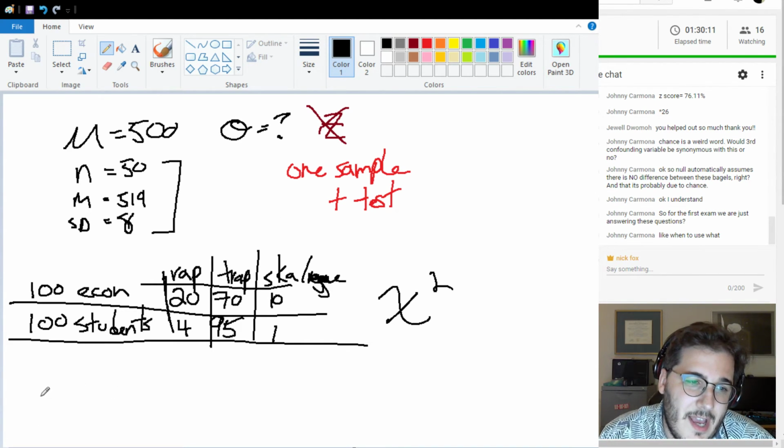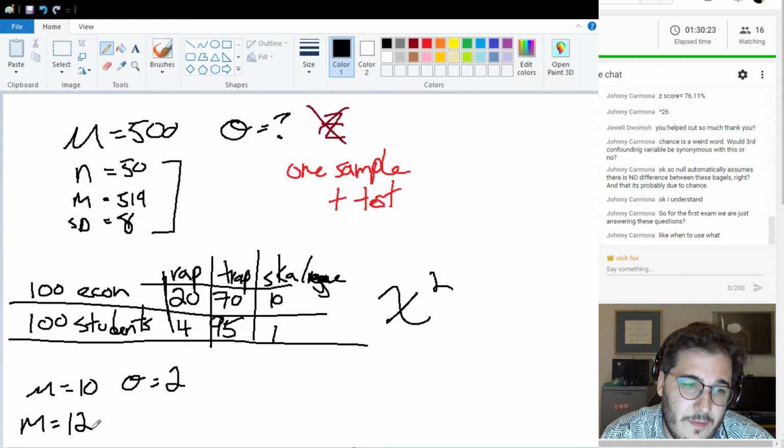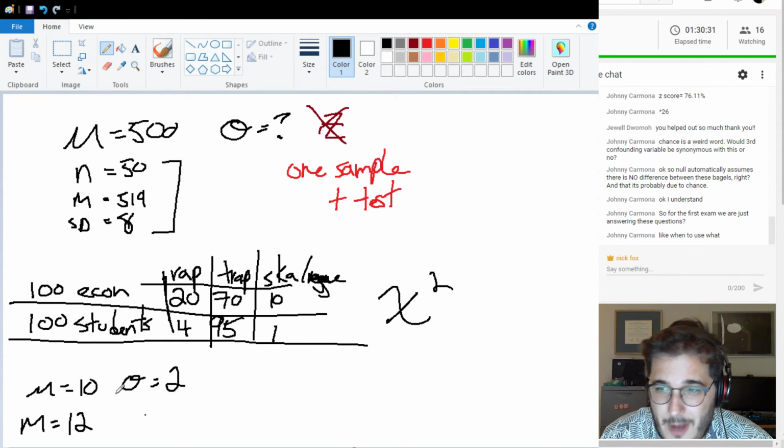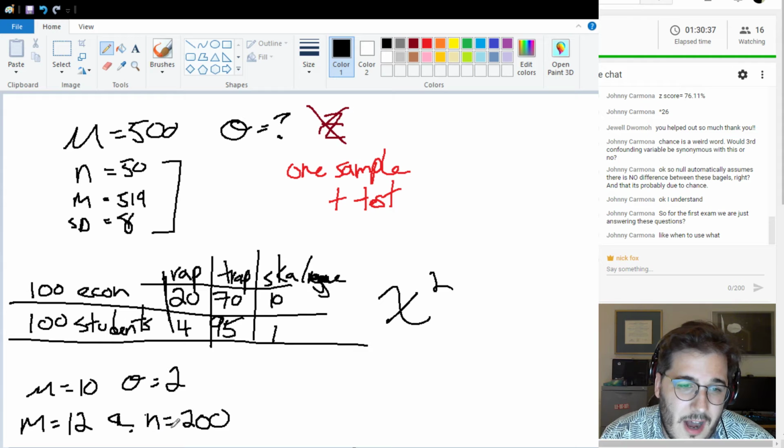They might say, I have a population whose mu is 10 and whose sigma is 2. I have a sample with a mean of 12. Is my mean different from my population? Oh, and n equals 200. How representative is my mean of the population?